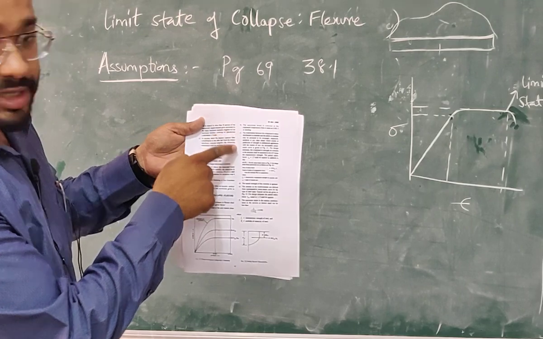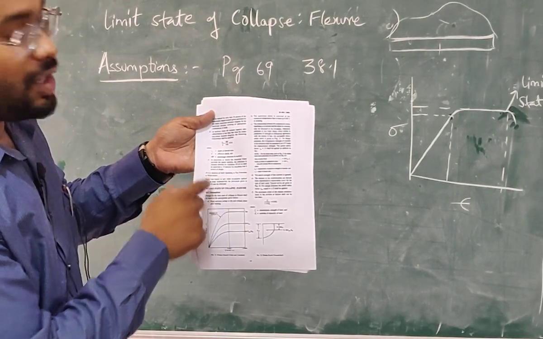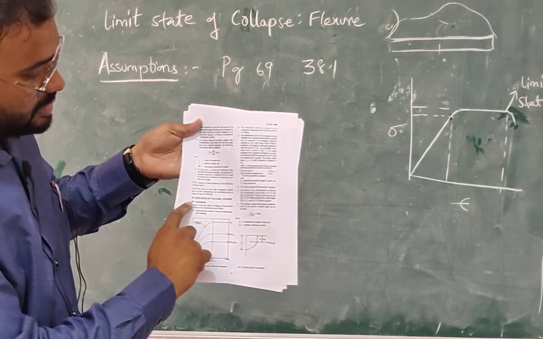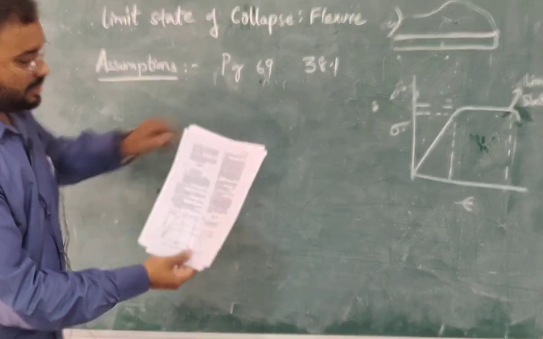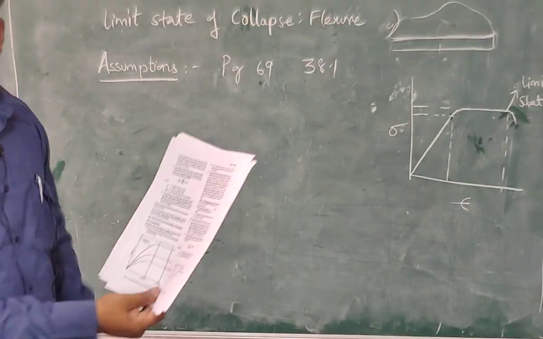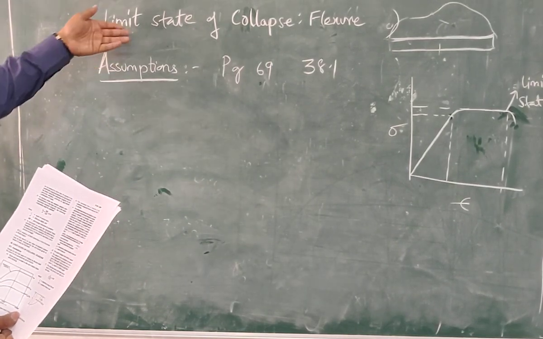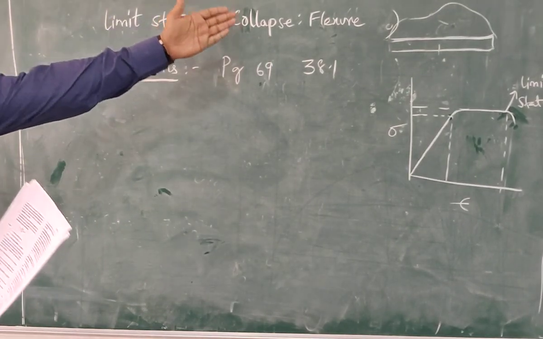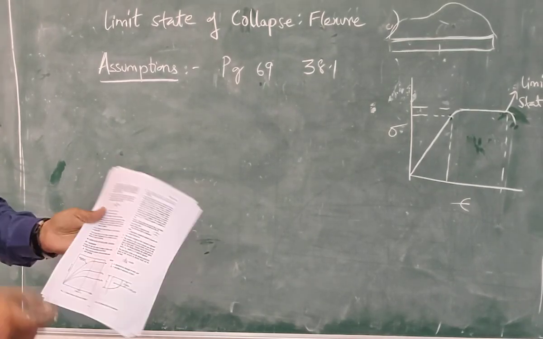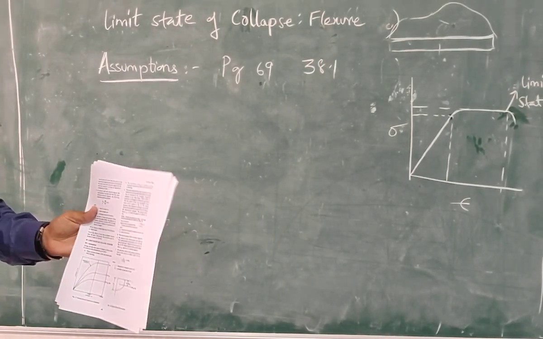These are called clause numbers. So clause number 38.1 will give you assumptions. This is also very important, a 2 marks question again. It will be given: write down the assumptions for limit state of collapse in flexure. Directly you need to open page number 69, copy these 7 assumptions and finish it off.